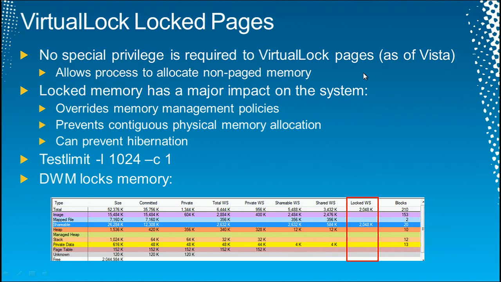It's not like if you log in with standard user rights, you can't run Aero Glass. So the permission that used to be an admin permission to be able to lock RAM, now everybody's got it as of Windows Vista. And so this can allow a standard user to be able to kill the system by locking RAM.